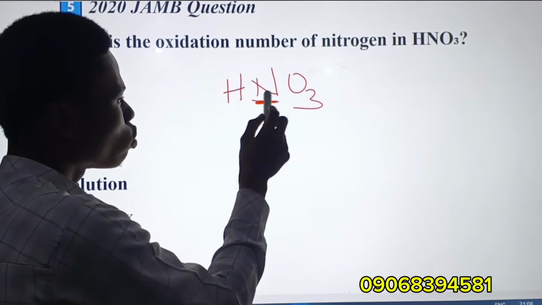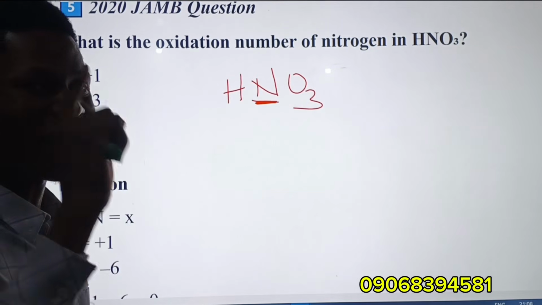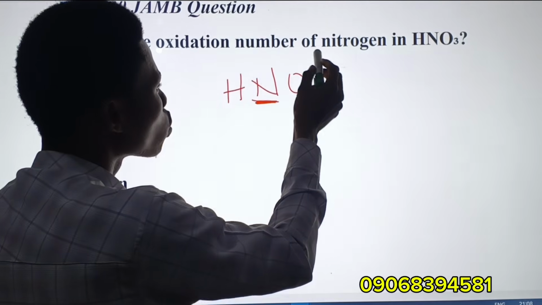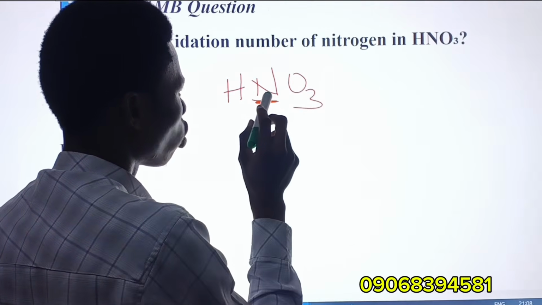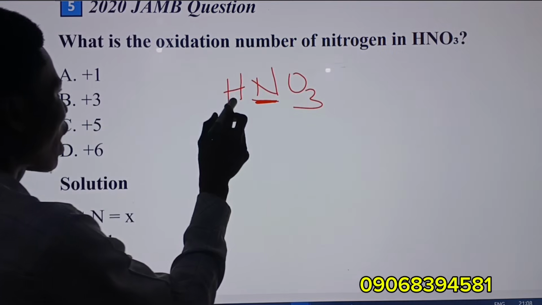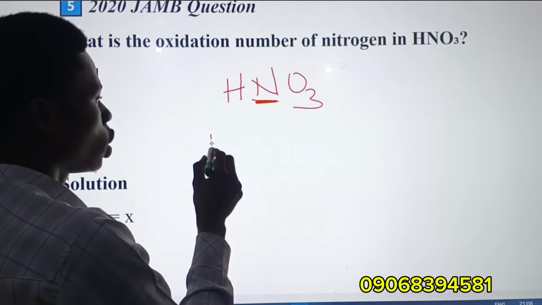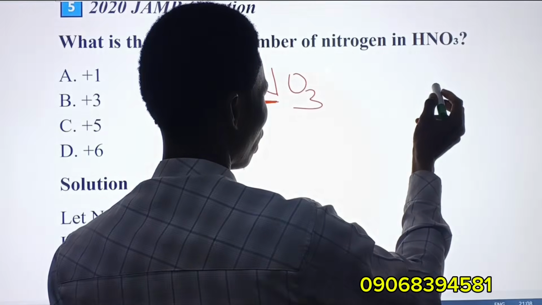Since it's nitrogen we are asked to find, we make the value x, an unknown. Then we equate it to the overall charge on the compound. There's no charge on this compound, so it's neutral. It becomes 0. Now, hydrogen. What is the oxidation number of hydrogen? Hydrogen is +1. How did I know that? Hydrogen is the first element.